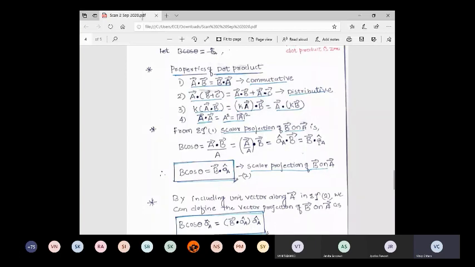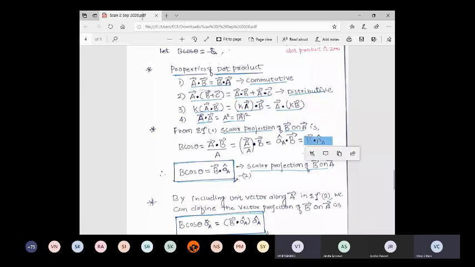So now I hope it's clear. This B dot the unit vector along A represents what? The scalar projection of which vector? Vector B on vector A. Yes, very good. So my question is, what would be the scalar projection of vector A on vector B?